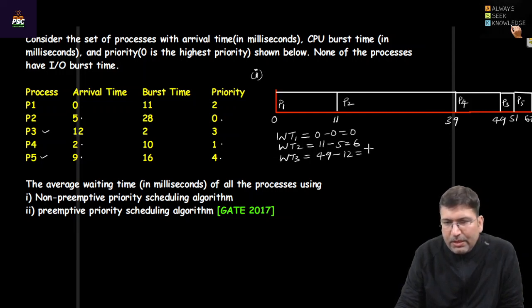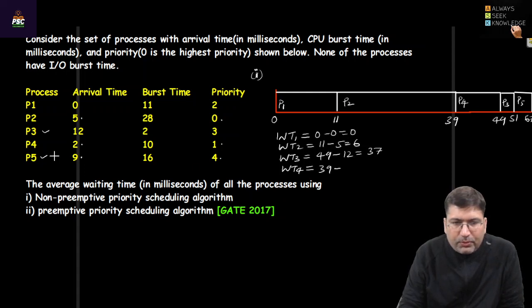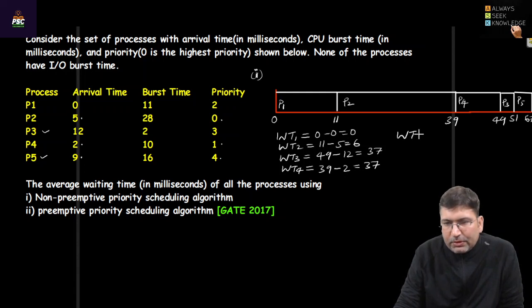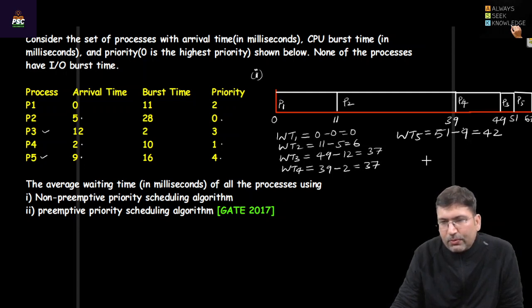So the total waiting time will be 37. The waiting time for process 4: process 4 starts executing at 39 minus 2, the unit of time at which P4 arrived. So it is also 37. Now the waiting time for process 5: process 5 starts executing at 51 and arrived at 9, so that gives us 42.